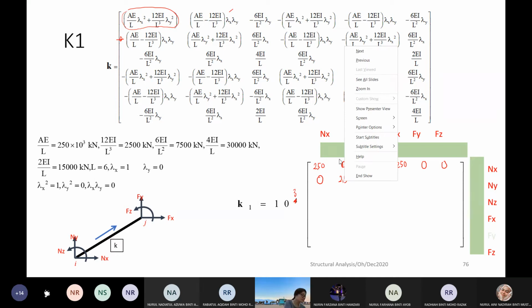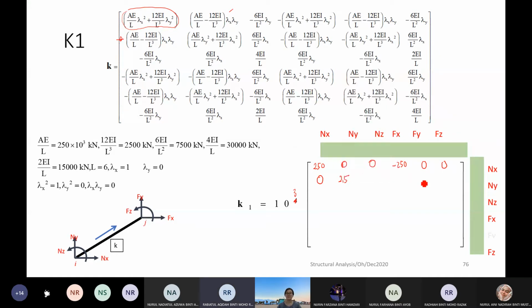So next. 7.5. Okay. 0. 0. We continue, right? With negative 2.5 and 7.5. Okay, so we move to row number 3 now. Lambda 0, correct? Then 7.5, correct.